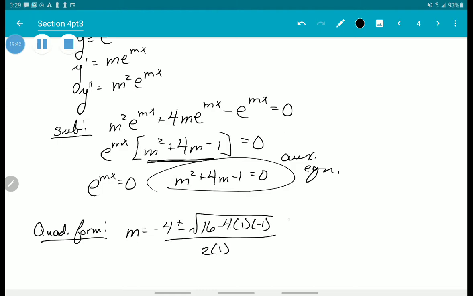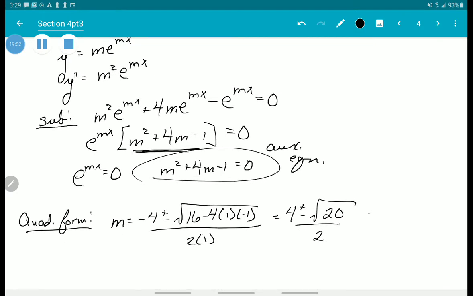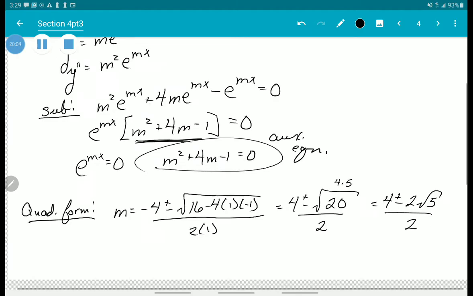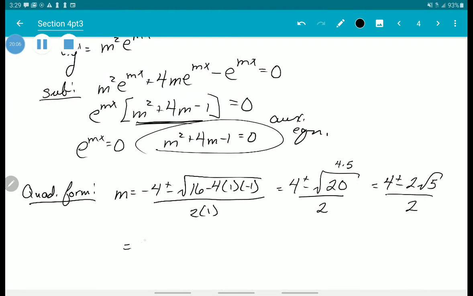So these roots are not going to be very nice. 20 is the same thing as 4 times 5. So we have 4 plus or minus 2 square root of 5 all over 2. You should always simplify square roots. And that's the same thing as 2 plus or minus square root of 5.